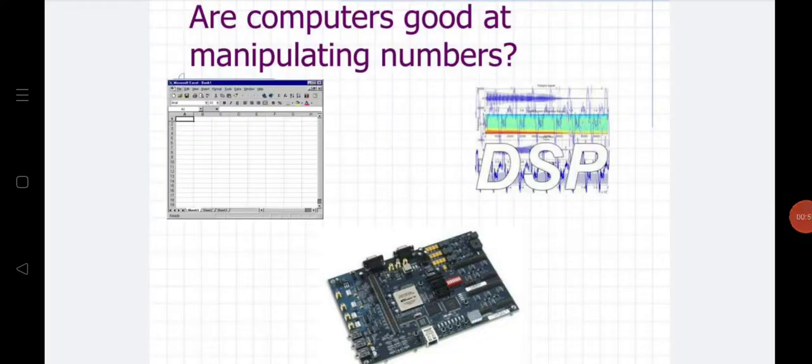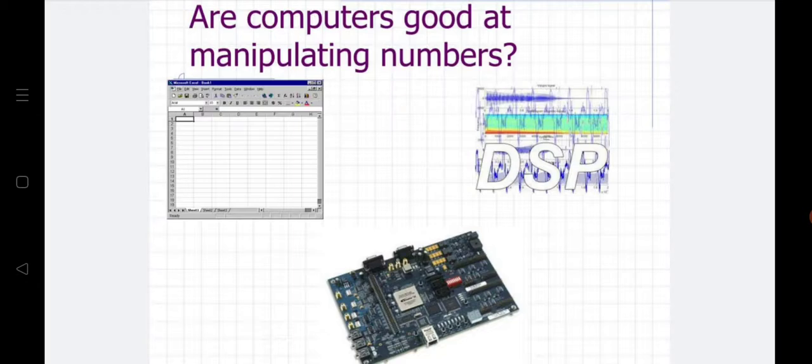Now, if you see this particular slide, it is a computer which is good at doing many different manipulations. In the previous days, we used our systems to perform small additions, subtractions, multiplications and divisions.